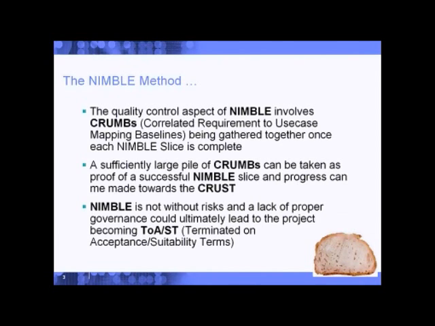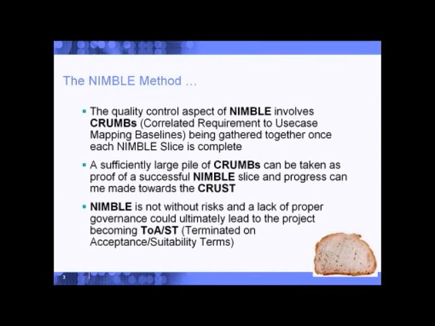Once we gather enough of these together, we know that our NIMBLE slice is completed. If we have a sufficiently large number of crumbs, then that can be taken as an indication that we can progress on to the next slice and make progress towards the crust.